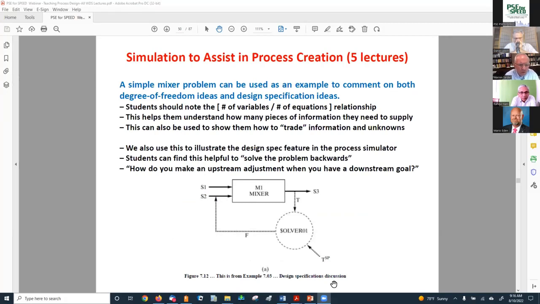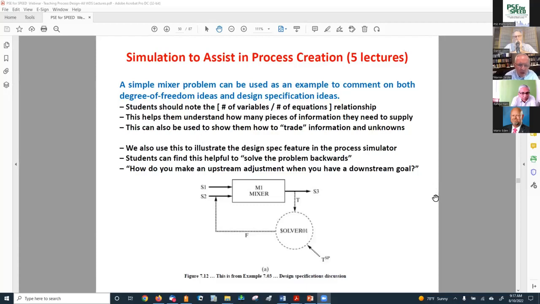So we start with a simple mixer problem, okay, and it allows us to discuss the degree of freedom ideas and the design specification ideas. The students need to note the number of variables and the number of equations and the relationship between them.